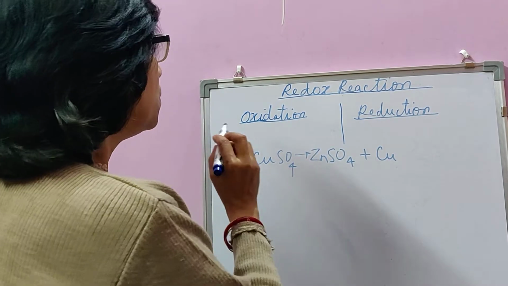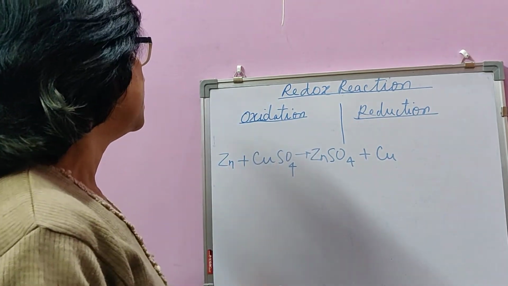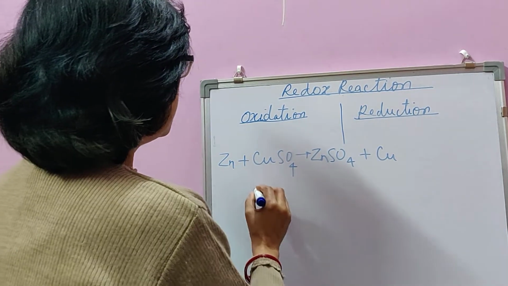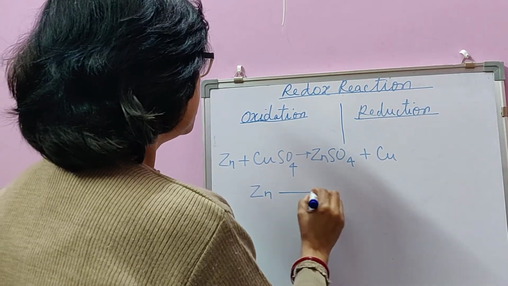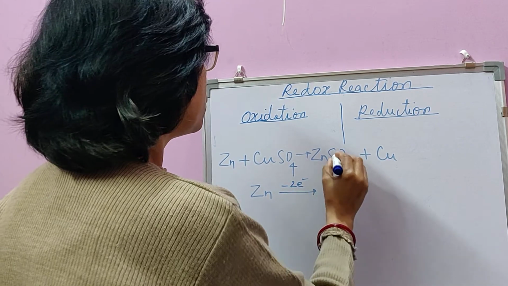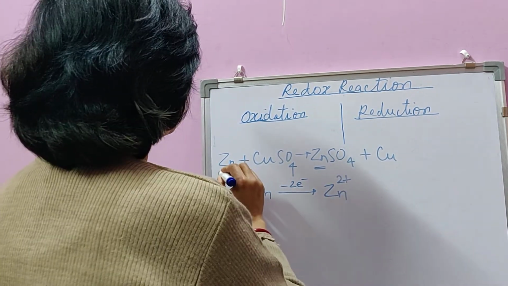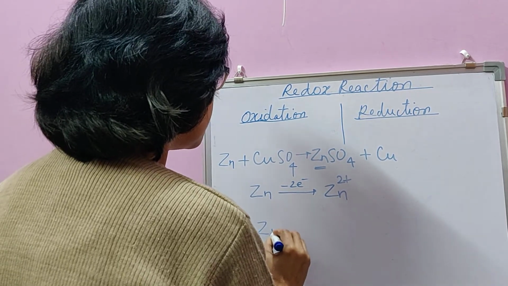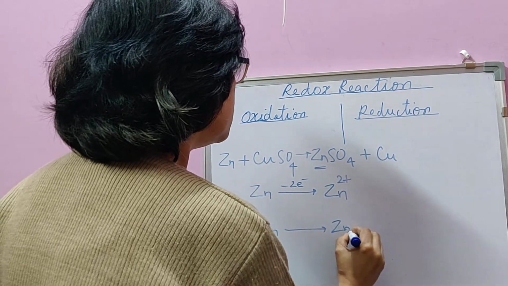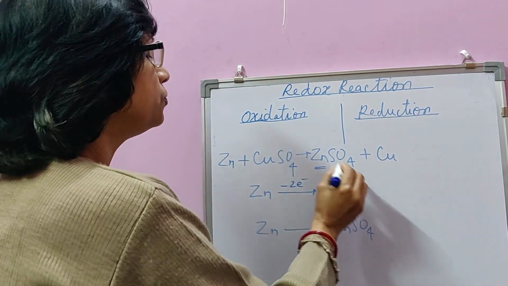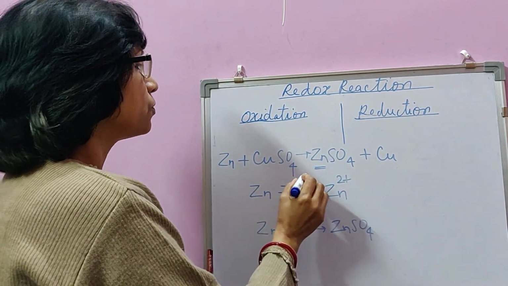Yet here oxidation of zinc is taking place and reduction of copper is taking place. How? See, here the Zn atom gives 2 electrons and becomes Zn2+. So in this reaction zinc is oxidized to Zn2+ by giving 2 electrons.